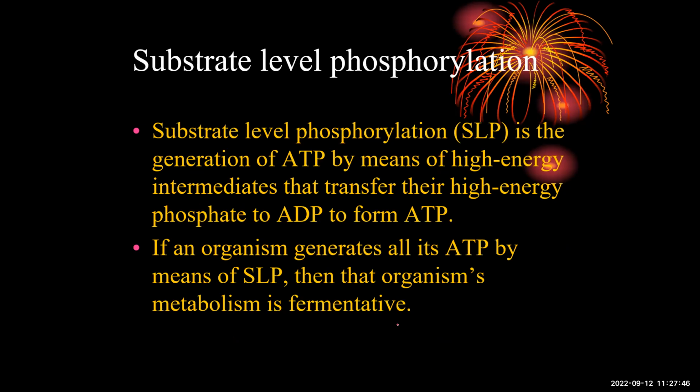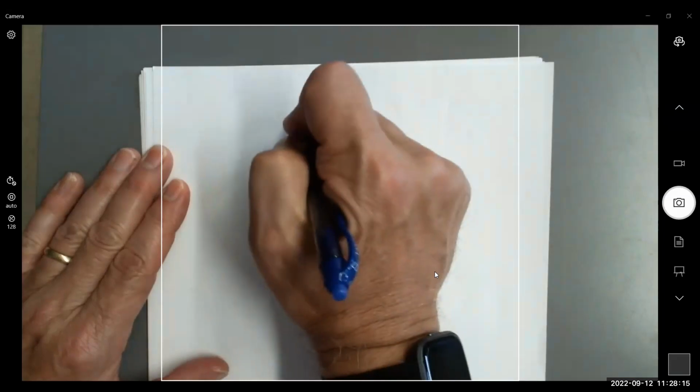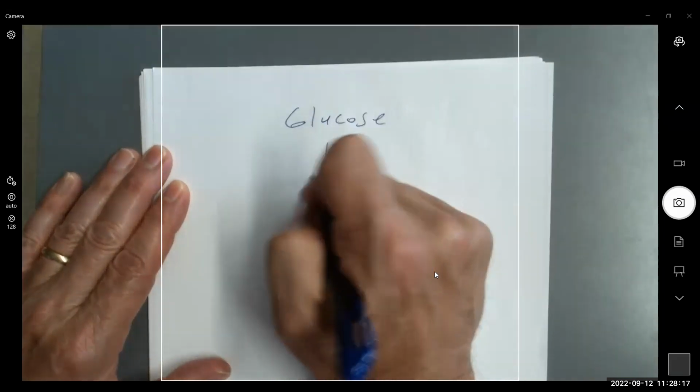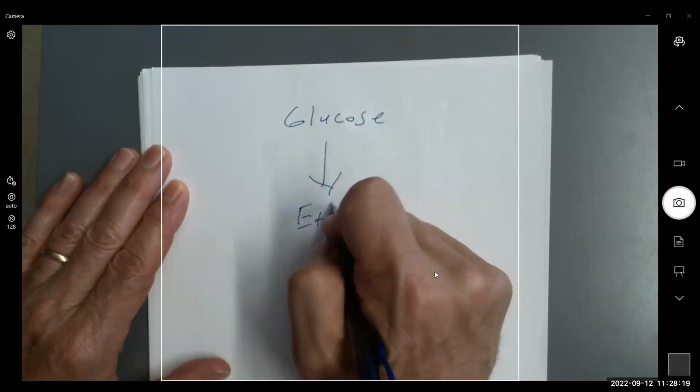Now, if an organism generates all of its ATP via substrate level phosphorylation, then that organism carries out a fermentation, and its metabolism is so-called fermentative. So I realize that your idea of fermentation is probably organisms that take glucose and convert it to ethanol, right?